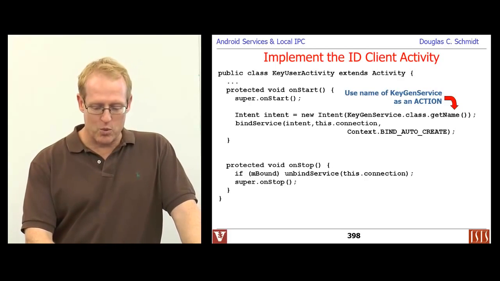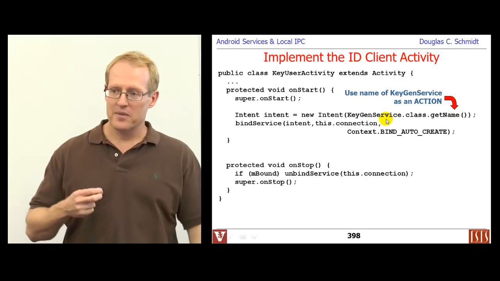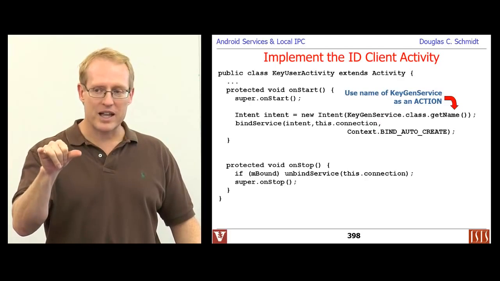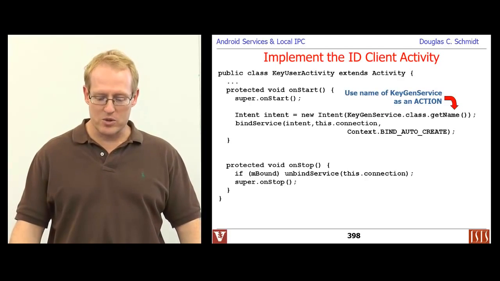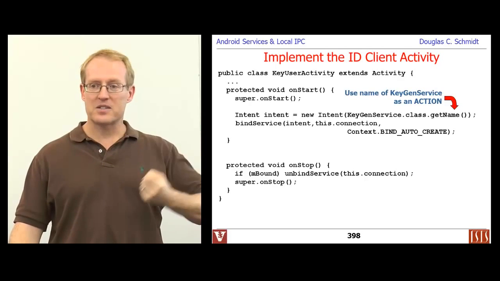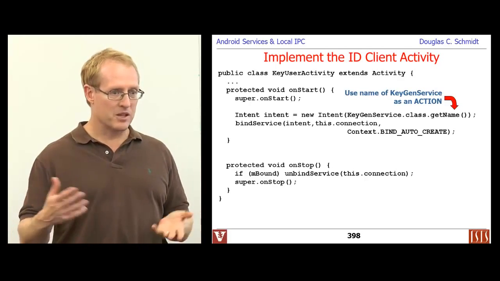So here's an example where, when we create the intent, rather than explicitly saying I want to talk to the keygenservice.class guy, rather than giving him the name of a class file, instead we're going to say, I want to create an intent that has an action that's the name of this guy. And the name is something you can control.